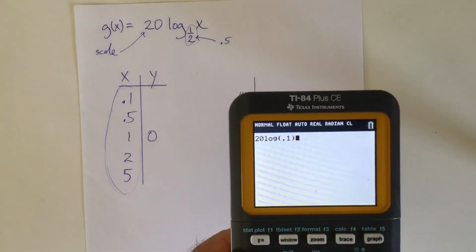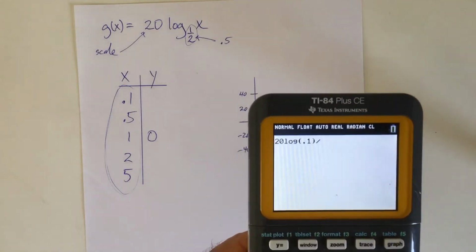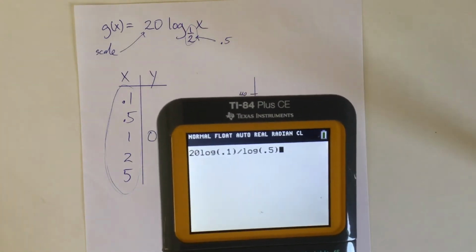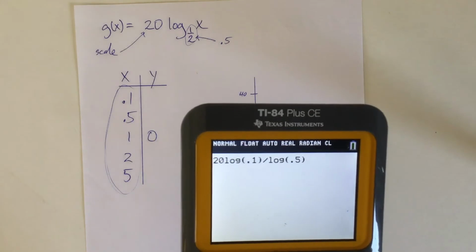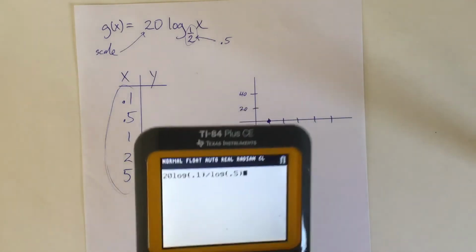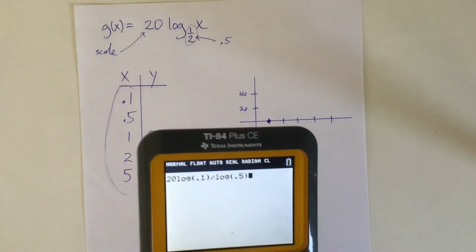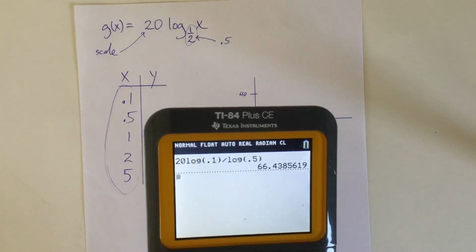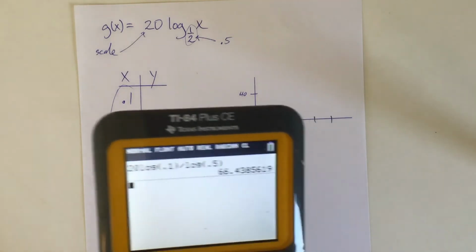But I have to trick my calculator into being base 1/2, so I'm going to say log of 0.5. So look at what I had to input into my calculator. 20 is the scalar. Log 0.1 divided by log 0.5. Notice I close my parentheses. I don't want it to mess me up. And I hit equals or enter. And I get 66.4, blah, blah, blah.